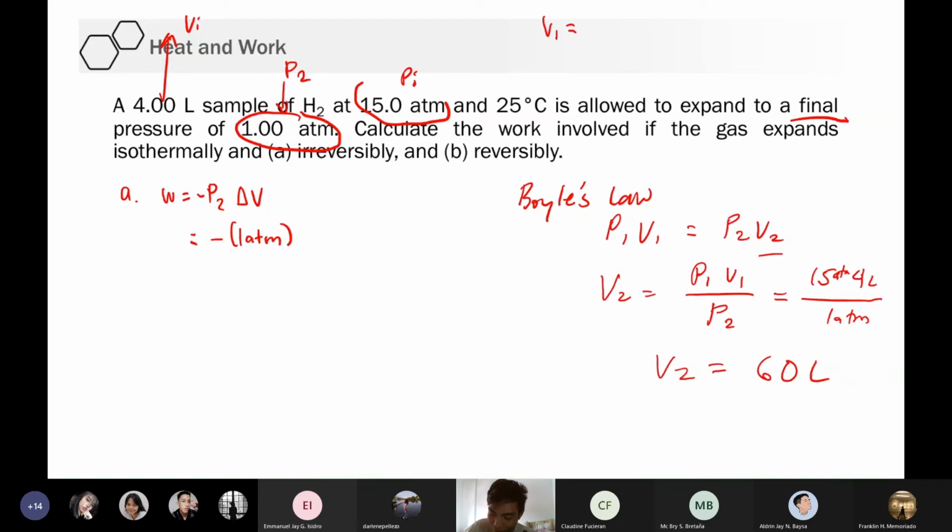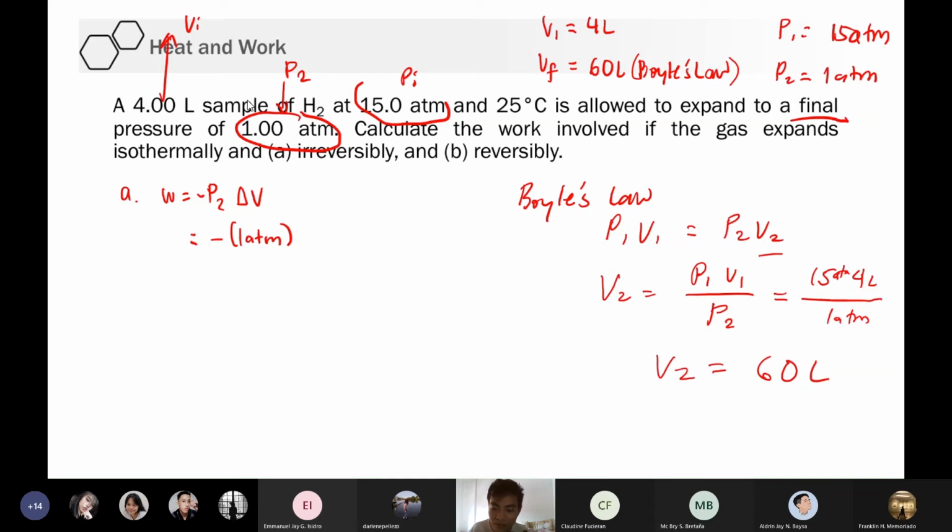V initial, 4 liters. VF, 60 liters. Boyle's law ginamit dyan. P initial, 15 atm. P2, ito yung gagamitin, 1 atm.